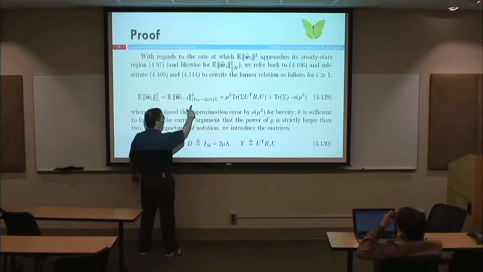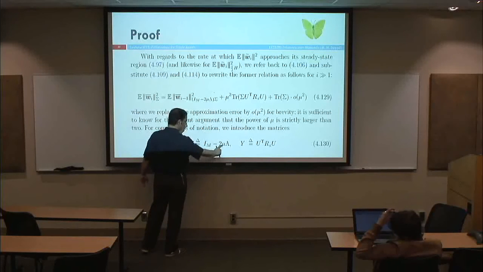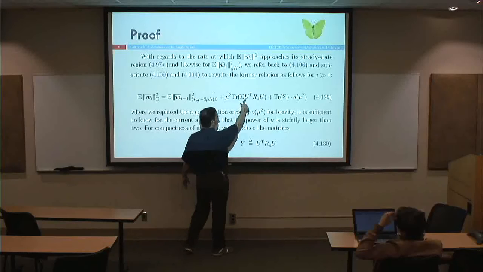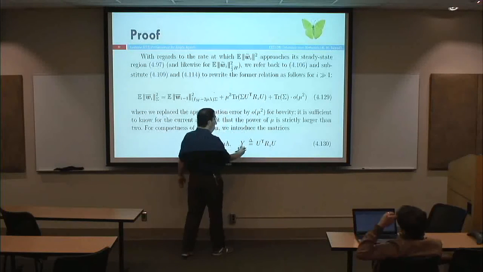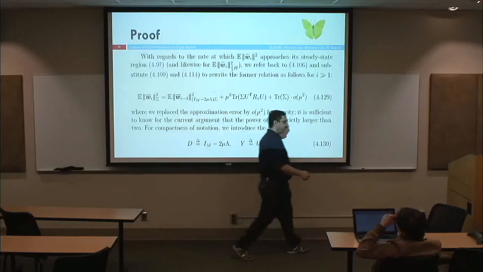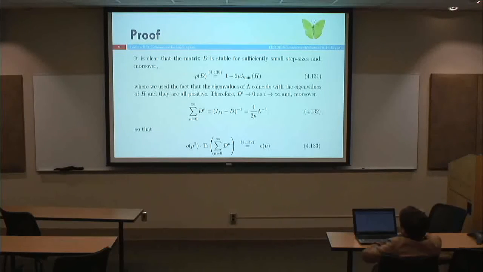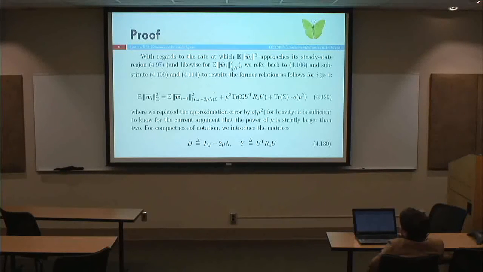So let's call this matrix I minus 2 mu lambda, call it D. It's a diagonal matrix, okay? And call this matrix U transpose RSU, just call it Y, just to keep things simple. So that recursion becomes D sigma, trace of sigma Y, and then trace of sigma times that, right?